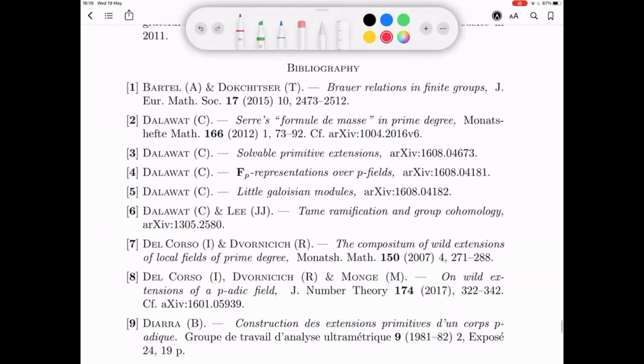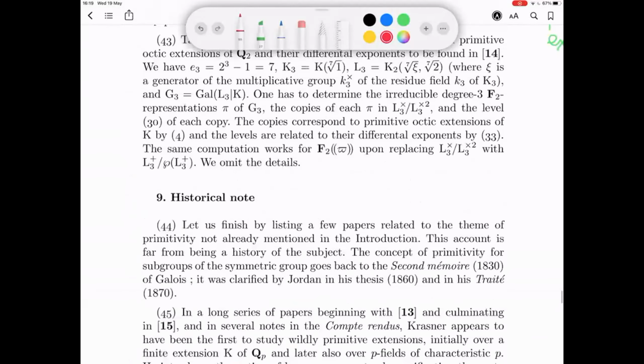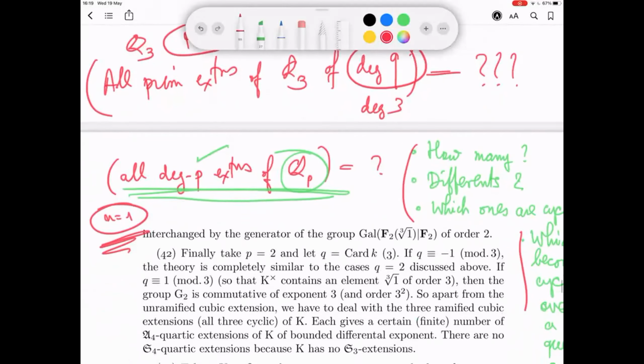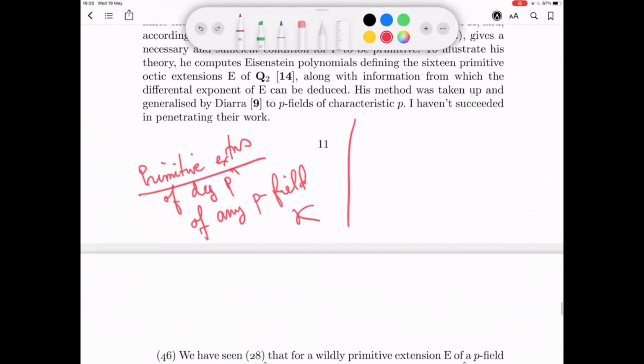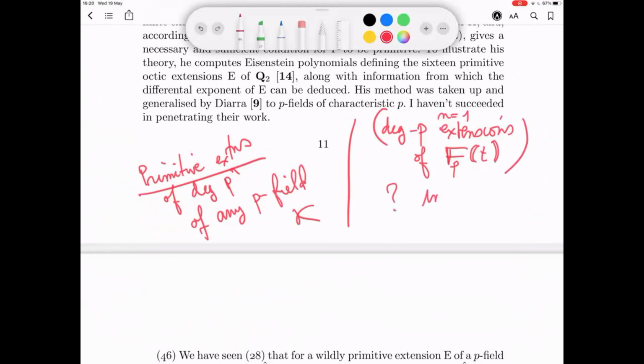Okay, so the next thing that you can try to do after you have done this for degree p extensions of QP is to look at, n is still equal to 1, so you're now looking at degree p extensions, not of QP this time, but of FP power series T. This also you should be able to write down. Now there are infinitely many.